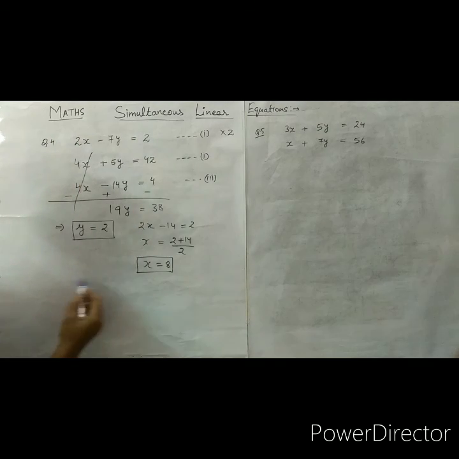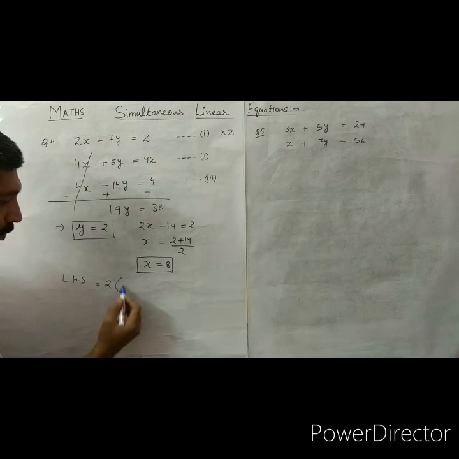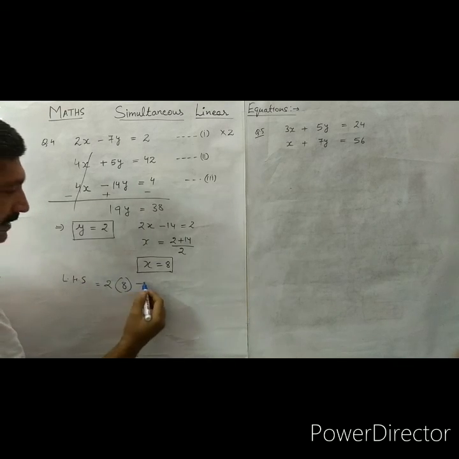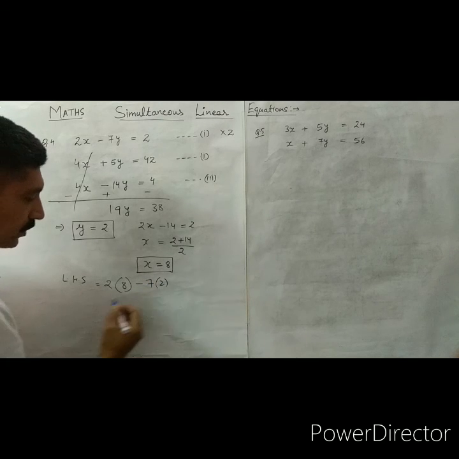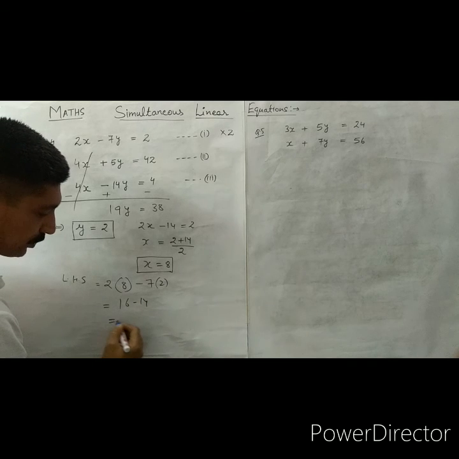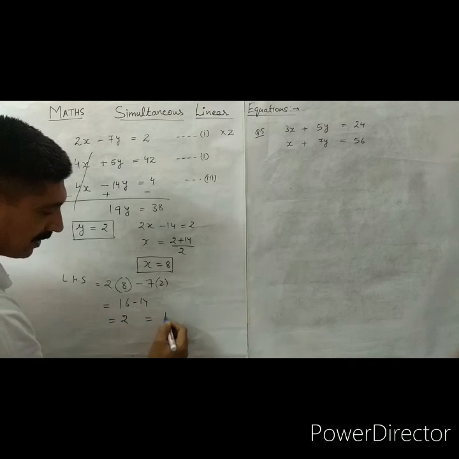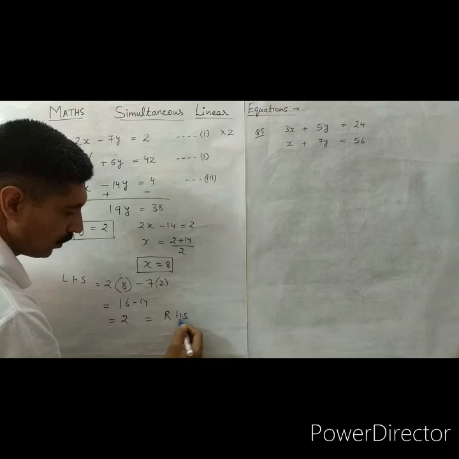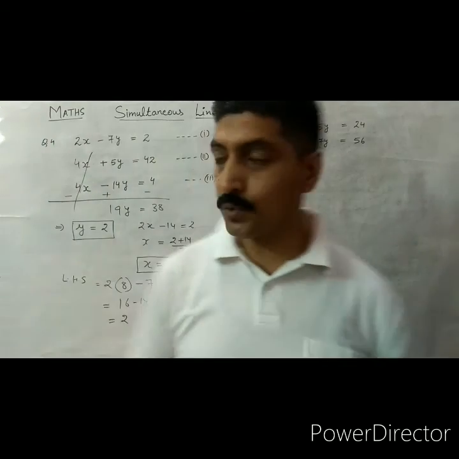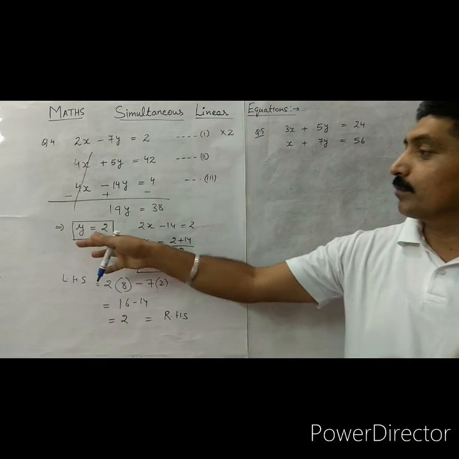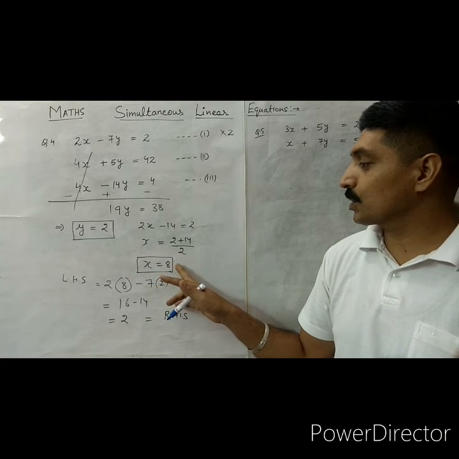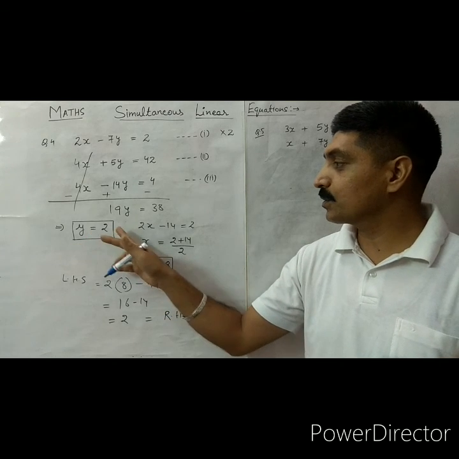In equation 1, left hand side, put the value of x as 8. So 2 into 8 minus 7 into 2. So here we have 16 minus 14 is equal to 2, which is equal to the right hand side. So we came to the conclusion that both our solutions, x is equal to 8 and y is equal to 2, are right.